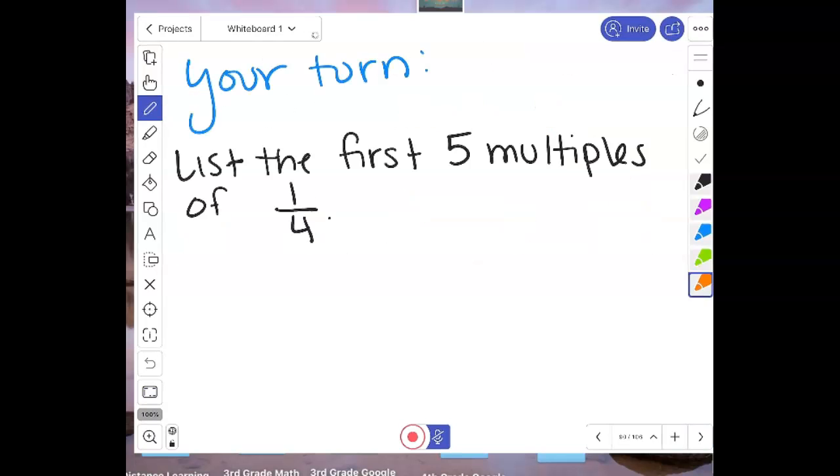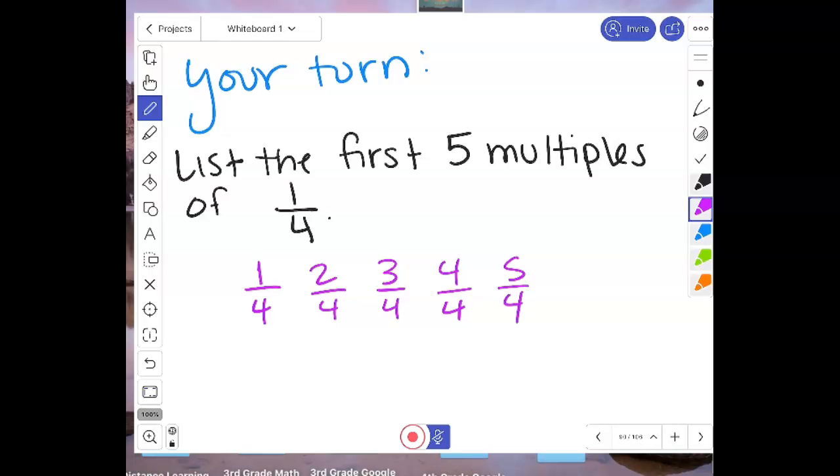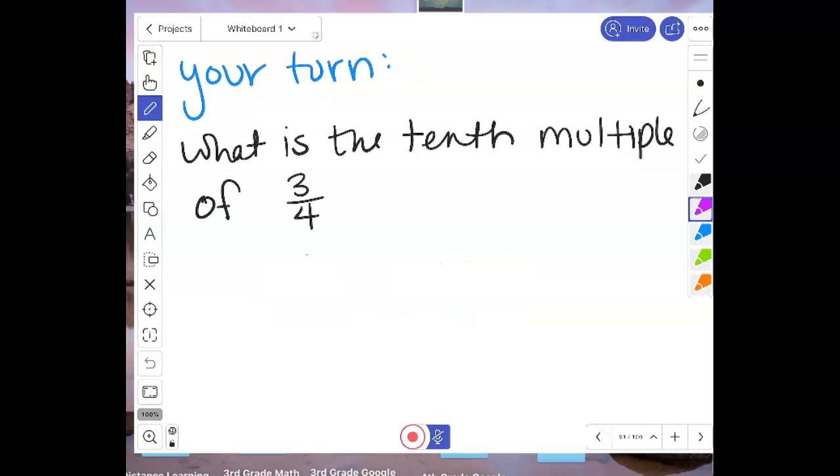Your turn. Pause the video, give me the first 5 multiples of 1/4, then come back and check. So that would be 1/4, 2/4, 3/4, 4/4, 5/4. Those are the first 5 multiples. Good job. Pause again. What's the 10th multiple of 3/4? We got 3/4, 6. You know what I could do to make this easy on myself?